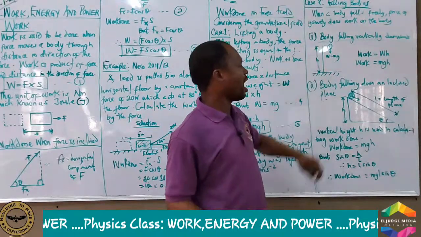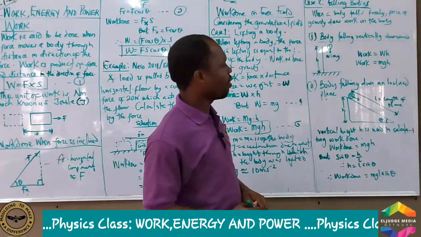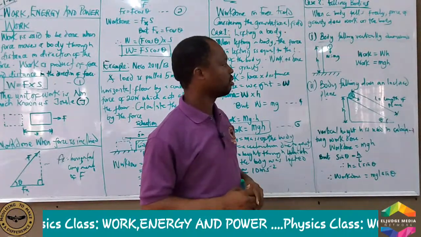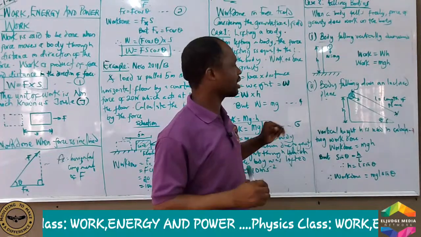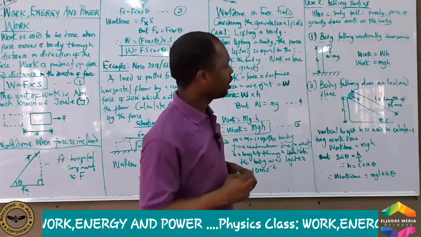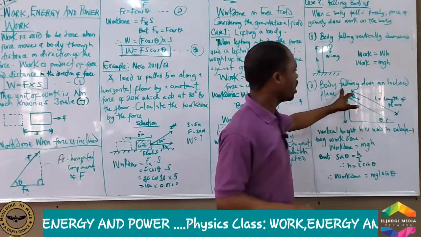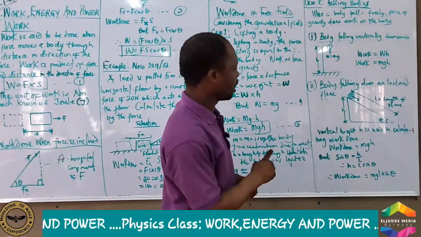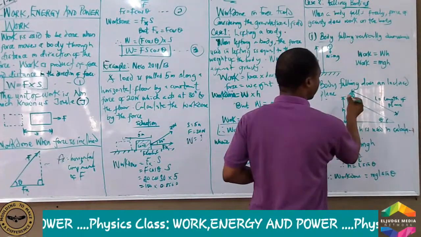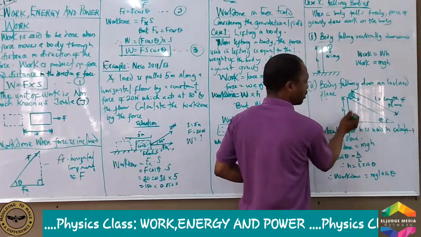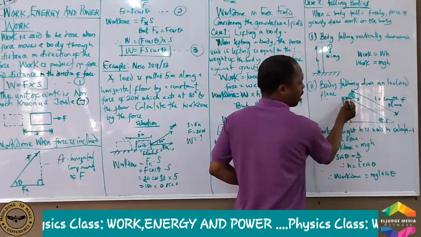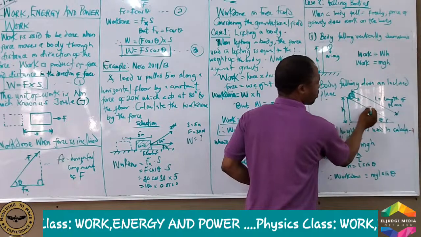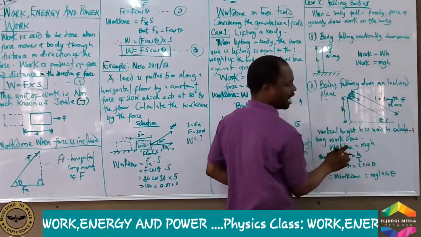Then we have a body falling down an inclined plane. We look at the inclined plane. This is the height of the inclined plane, h. This object is moving down an inclined plane.